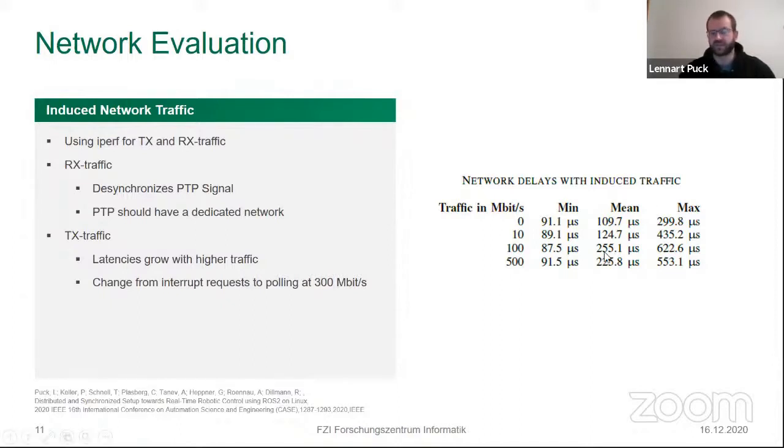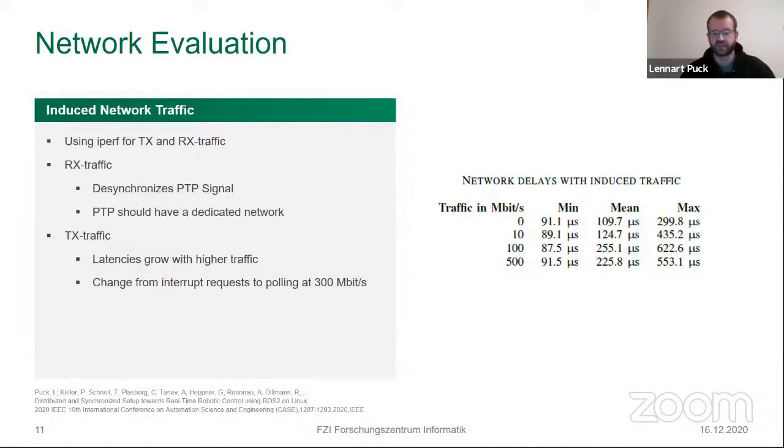And maybe what's interesting is that when we change the traffic from 100 megabytes to 500 megabytes, it goes faster again, but that's due to the policy of the Linux network stack, which goes from interrupt requests to polling at 300 megabytes per second.